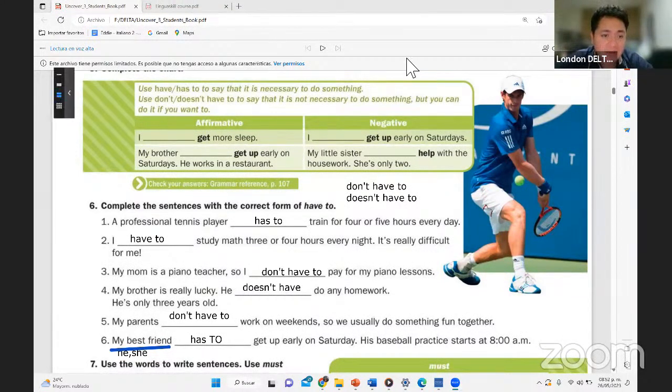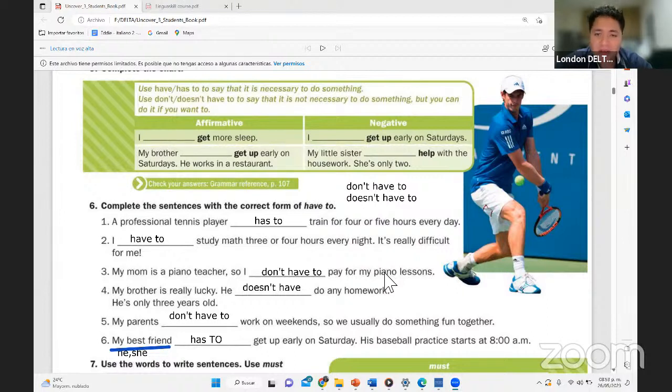Entonces, en vez de decir, por ejemplo, a professional tennis player has to, puedes no mencionar la H, pero eso solamente lo vas a lograr si hablas rápido. Es decir, que si estás hablando lento, entonces no te comas la H. Solo nos comemos la H de manera informal cuando hablamos rápido. So you say, a professional tennis player has to train for 4 or 5 hours every day. Entonces, estás leyendo rápido o hablando de manera más fluida, dices, a professional tennis player has to train.